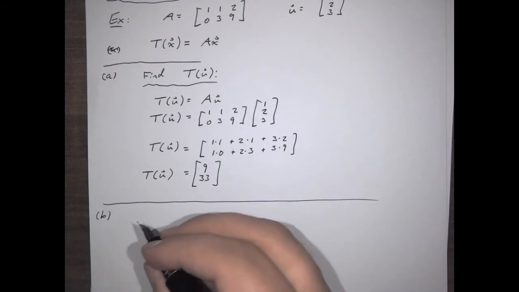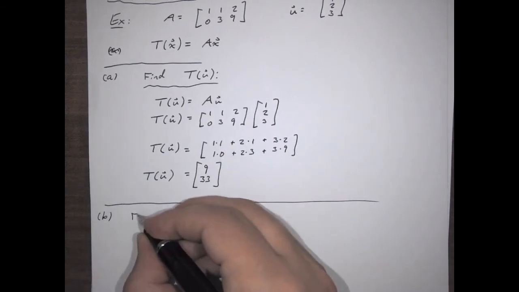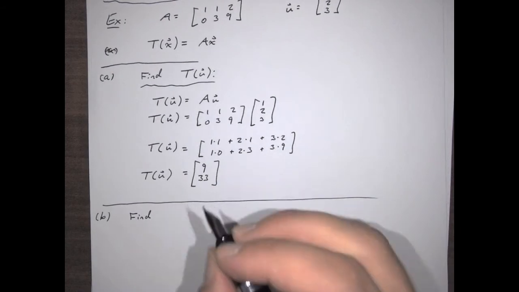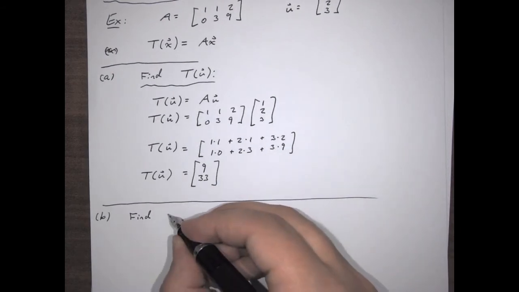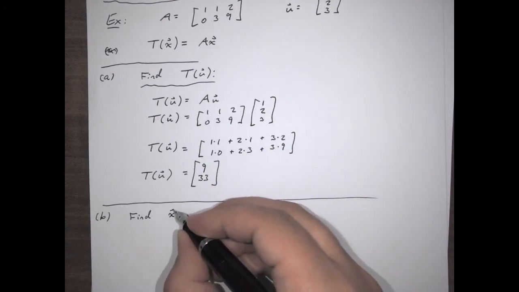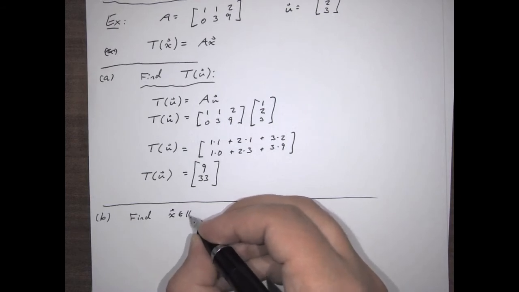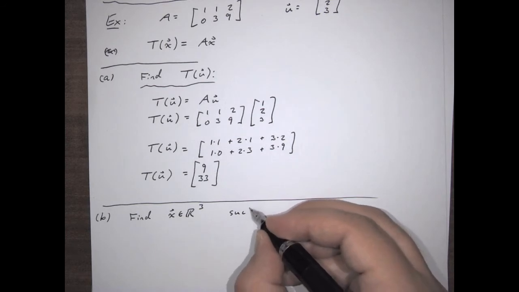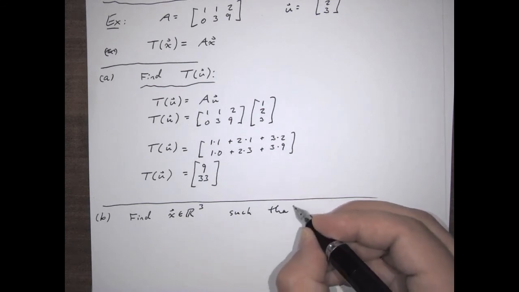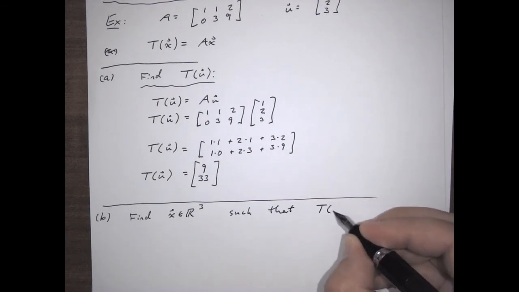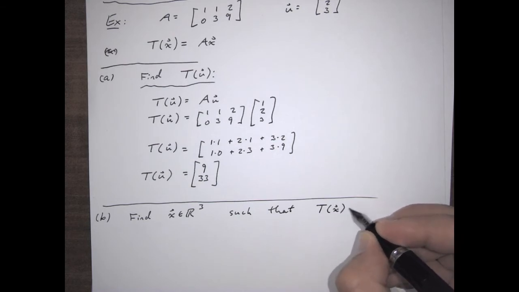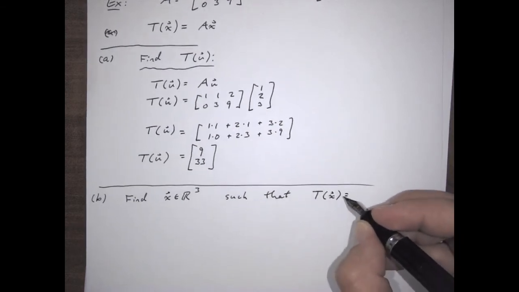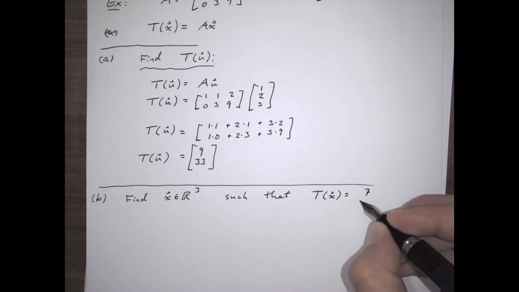An alternative question would be the following. So you could ask if it's possible to find the x in R3 such that T of x is equal to 7, 27.